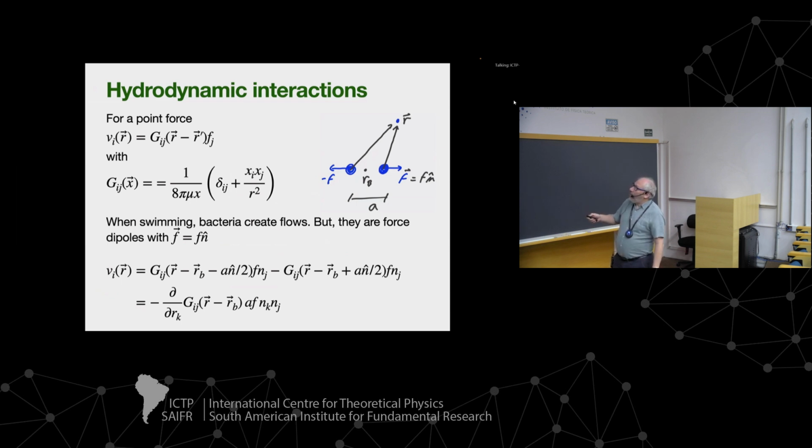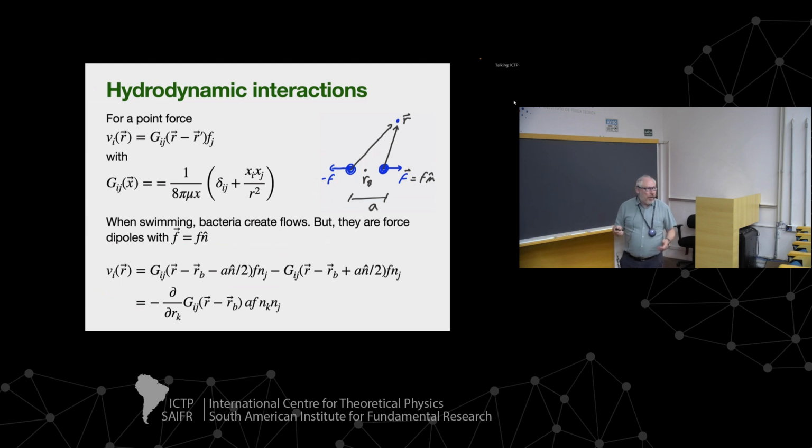And you have to sum that with the flow generated by this force, which is minus F. But now the flow was generated by a point force here, so it's at the position of the bacterium minus 1/2 body length. So this is the flow.